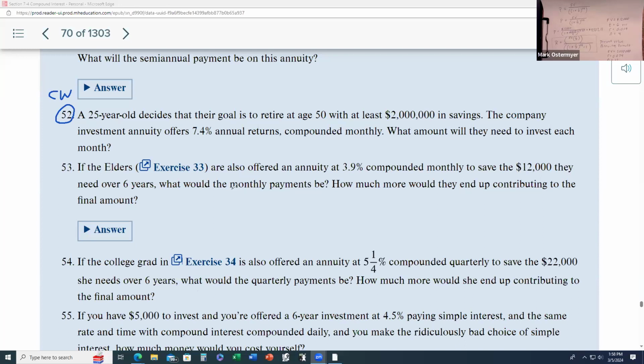What would time be? How many years we talking? 25. 50. That's a 25-year-old that wants to start investing today so that when they're 50 years old, 25 years later, they'll have $2 million in their account for retirement. It's 25 years for time.